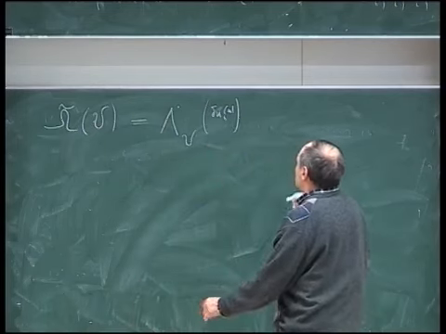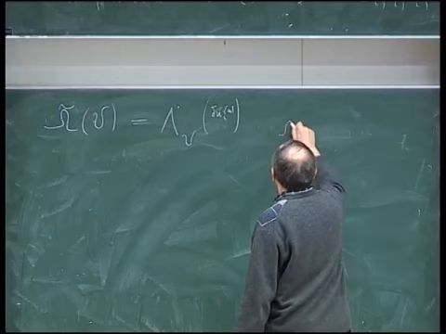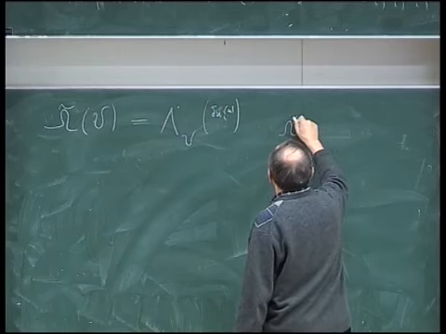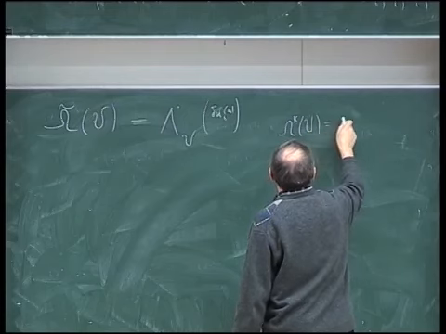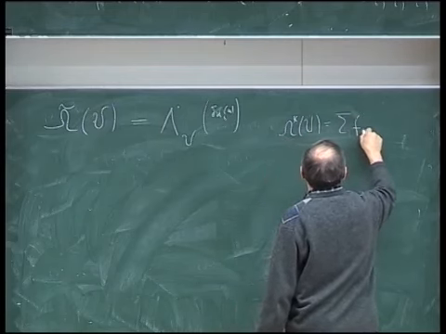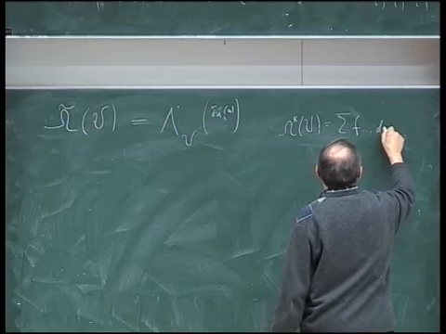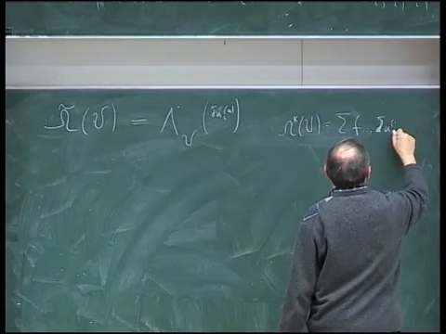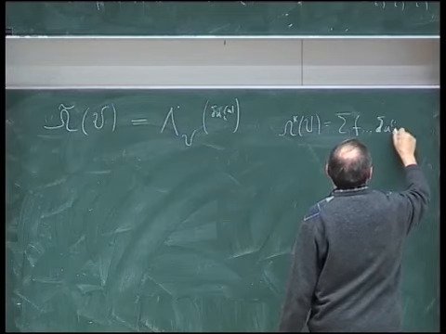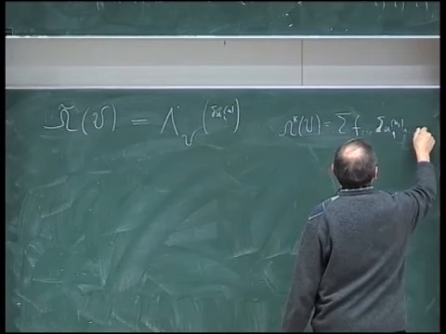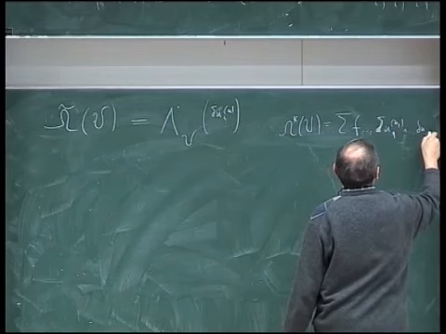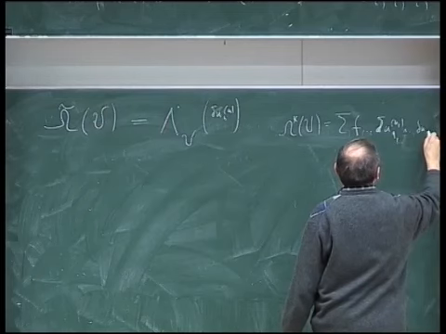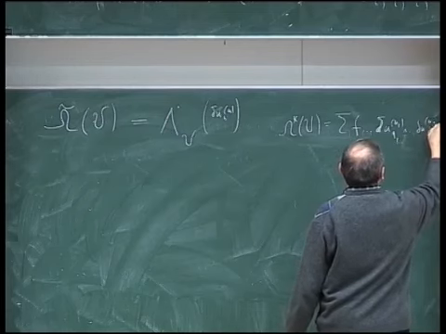So its elements, omega k of V, will consist of elements of the form f delta u i1, and so on, delta u is.